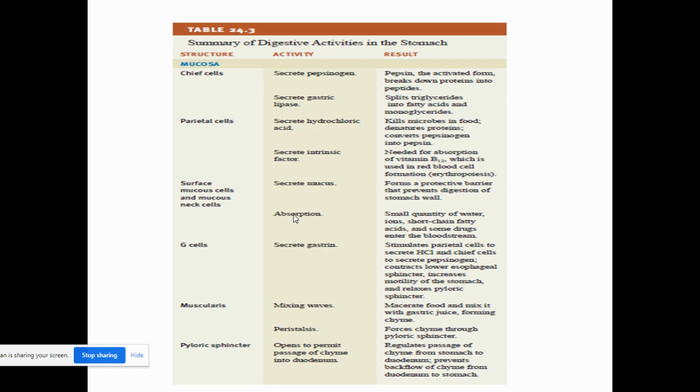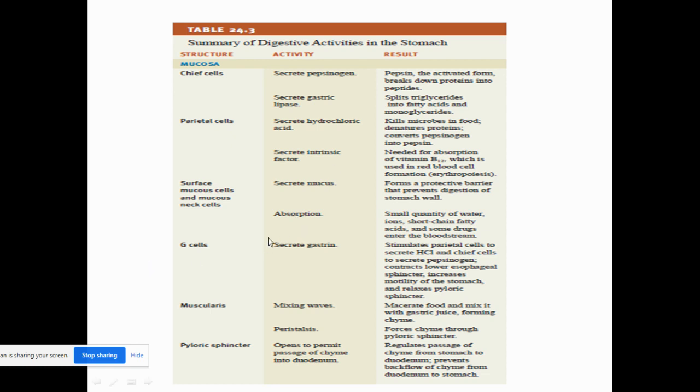That means carbohydrates and proteins are not absorbed by the stomach, but it has a minor absorptive function where some amount of water is absorbed, some ions are absorbed, some short chain fatty acids are absorbed, so alcohol is immediately absorbed and it will enter the bloodstream immediately, and also some drugs are absorbed.